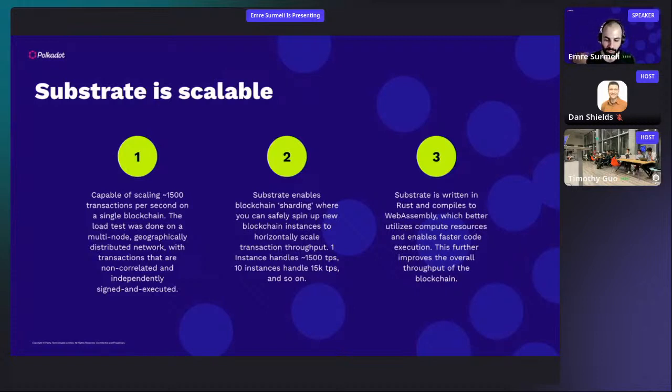WebAssembly, in theory, could be written in any language, which makes it easy to develop in different types of languages. You compile it to WASM, and then your runtime just gets included inside of the block if it gets enacted through governance. So there's this idea of forkless upgrades. Substrate removes the idea of forking, which sometimes splits networks and splits communities. It seems to have had a lot of effect on Bitcoin and Ethereum in the past.